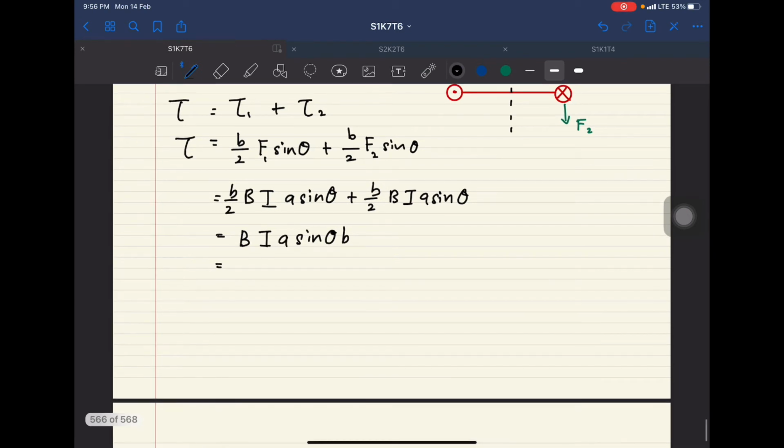This becomes BI area sine theta, and this is how you calculate the torque on the coil.